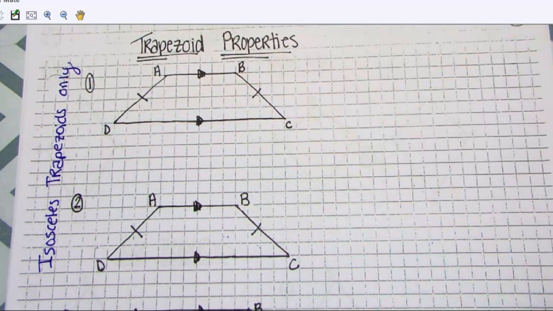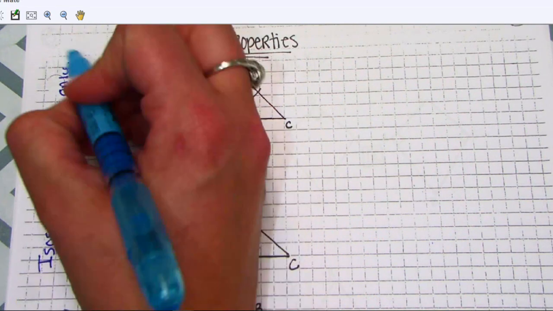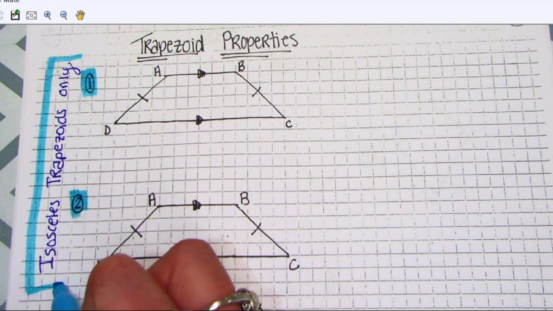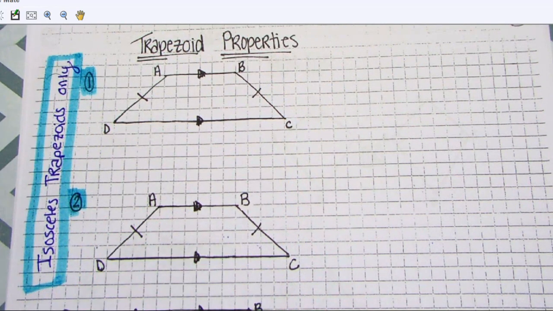The rest, like the third one, will be for any trapezoid. It's basically just some information regarding them. If they're isosceles, then these two things will always be true.